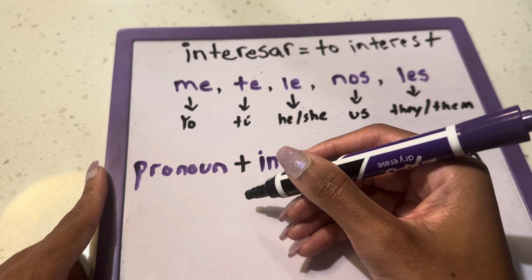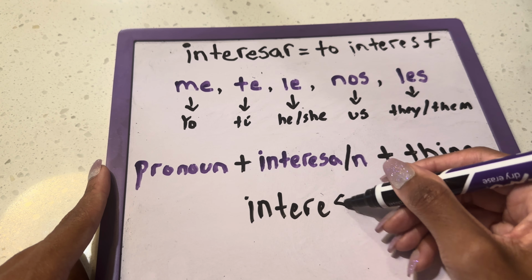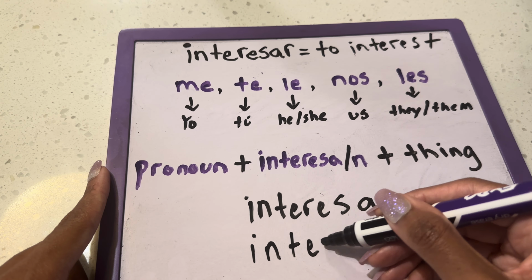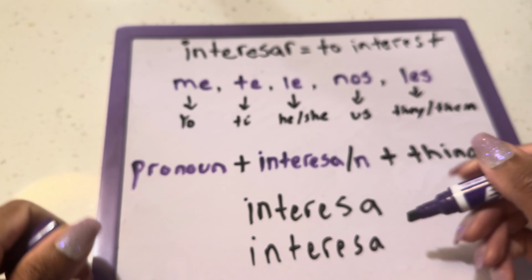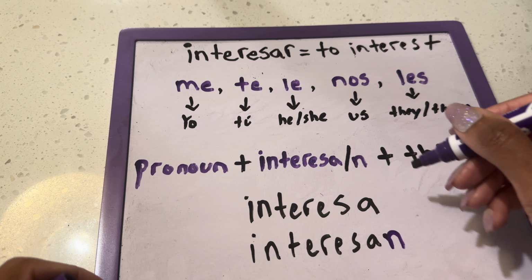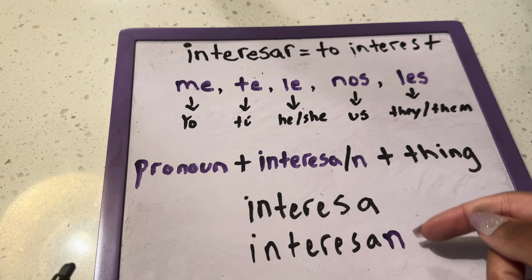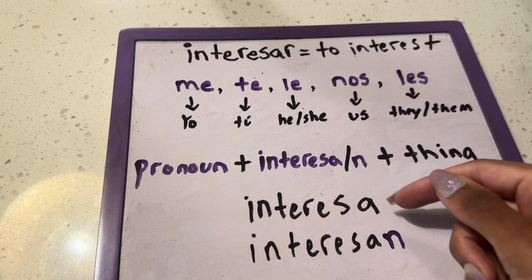So there are two types of words we're going to use. Interesa, or it can be interesan with an N. All right. These are our only two conjugations. And now what dictates which one we're going to use? What controls our conjugation, whether it's going to be interesa or interesan?